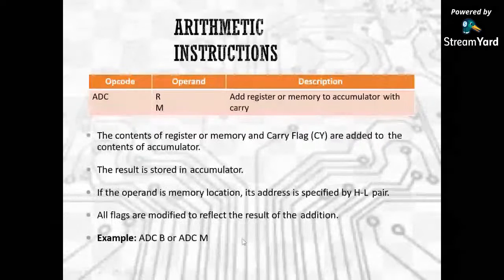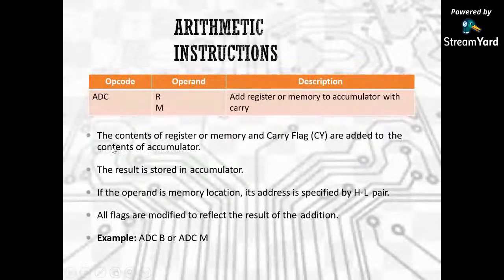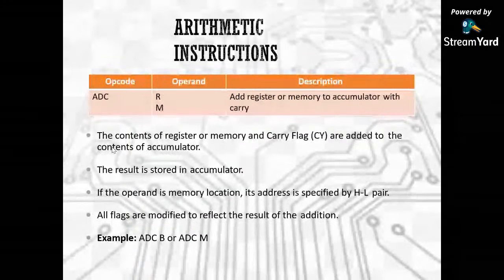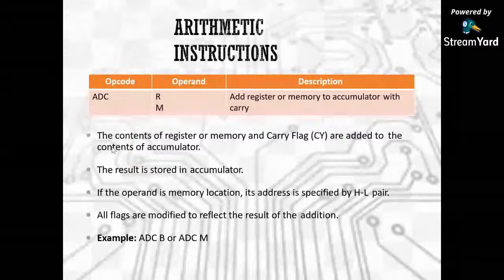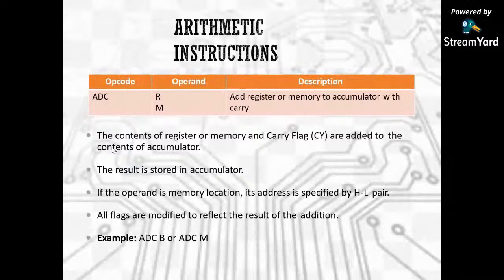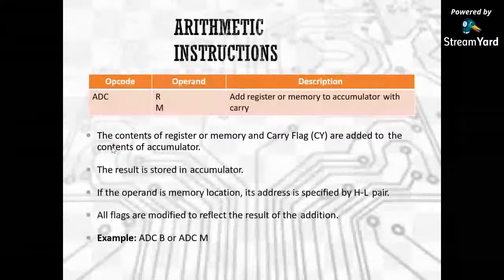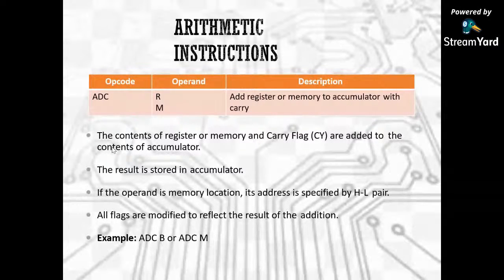So the content of register or memory, and carry flag, yeah, ADC: add register or memory to accumulator with carry, and then the carry flag will be used in here. CY is added to the content of accumulator.